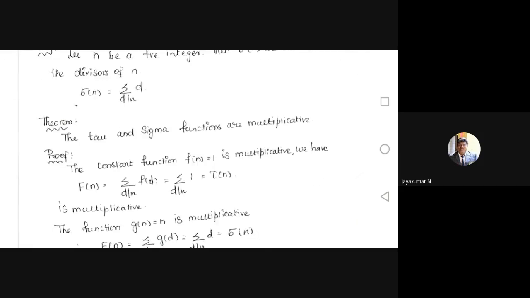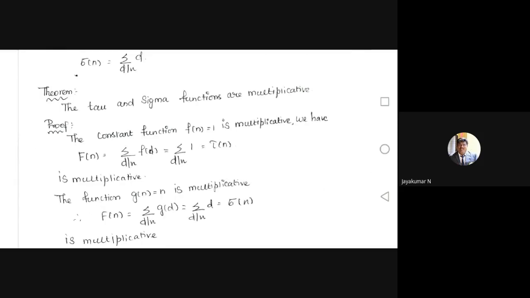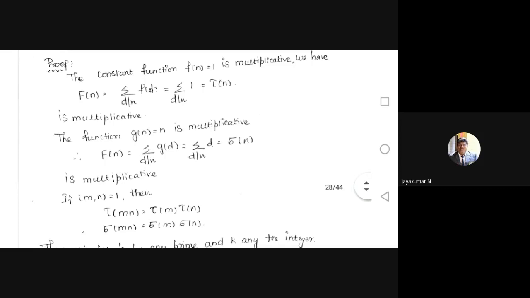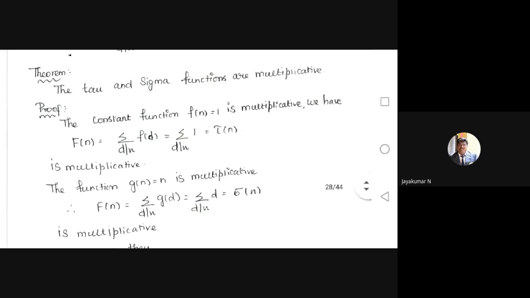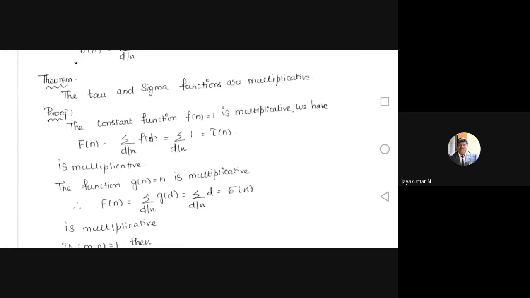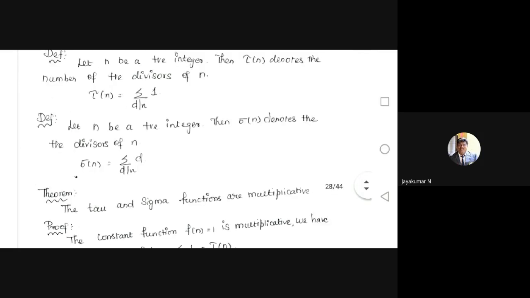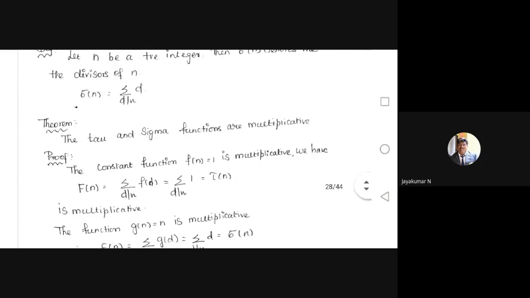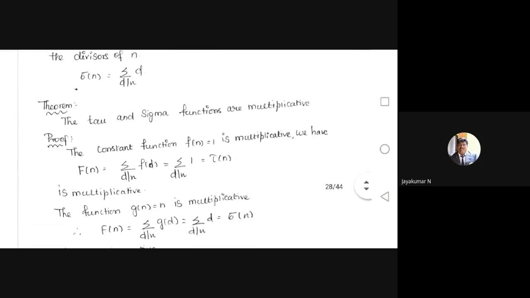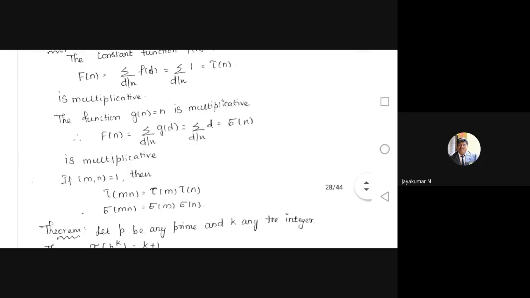So the next theorem: we are going to prove that the tau and sigma functions are multiplicative. So we have the results. Tau of n means the summation over d dividing n of 1. Sigma of n means the summation over d dividing n of d. So first it should be proved to be a multiplicative function. First, assume g of n equal to n is multiplicative.